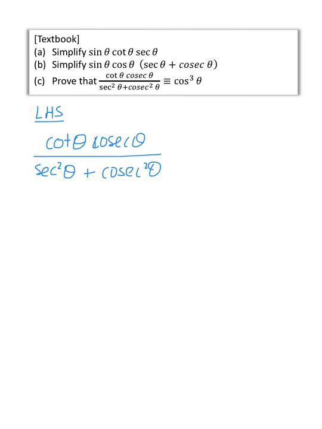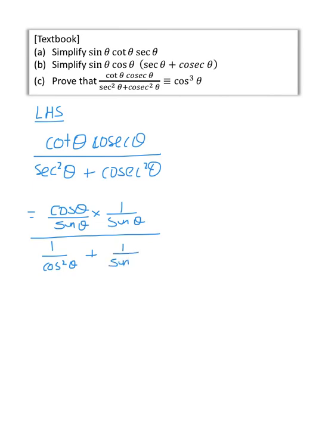Well, cot theta is cos theta over sine theta, and cosec theta is 1 over sine theta. Sec squared theta is 1 over cos squared theta, and cosec squared theta is 1 over sine squared theta.